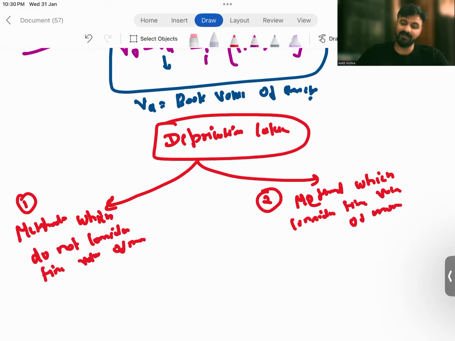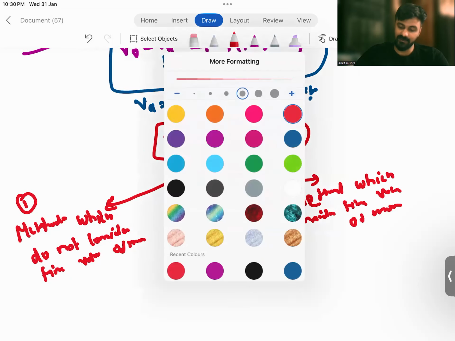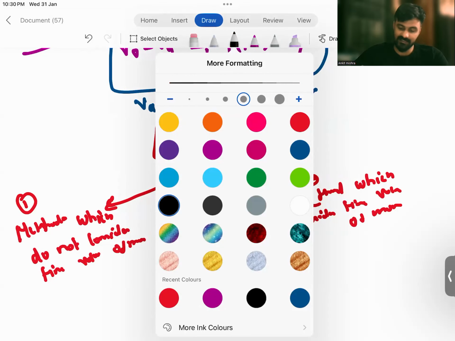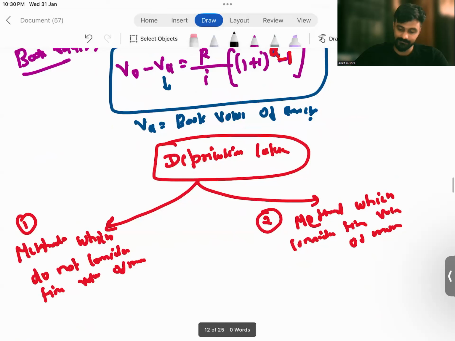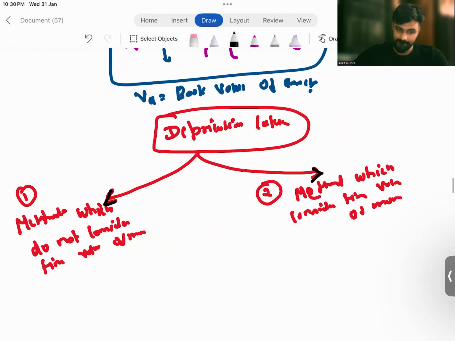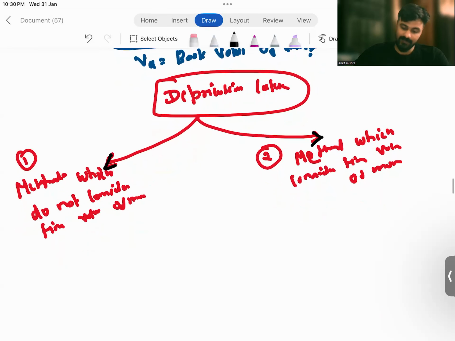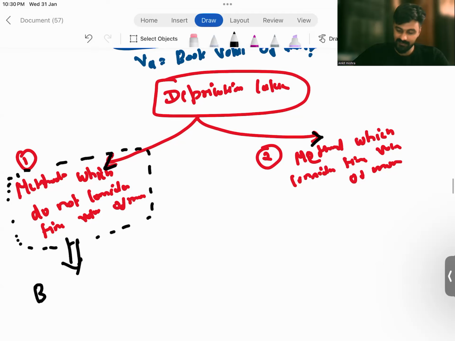So the question is which method will be most fruitful for depreciation calculation, right? The method which does not consider time value of money is your best method to calculate depreciation.